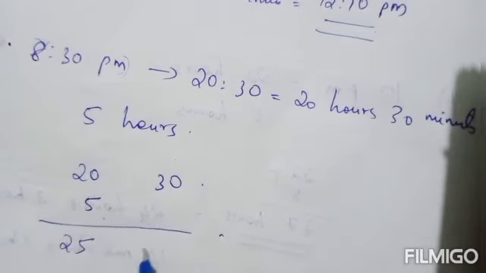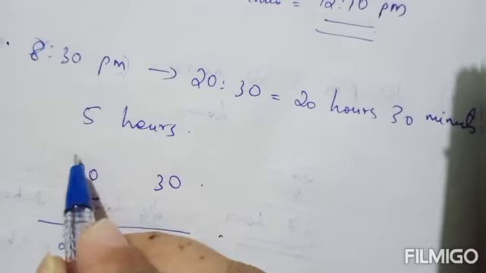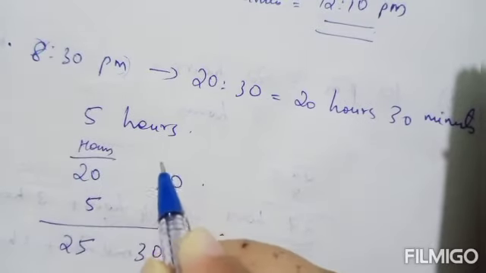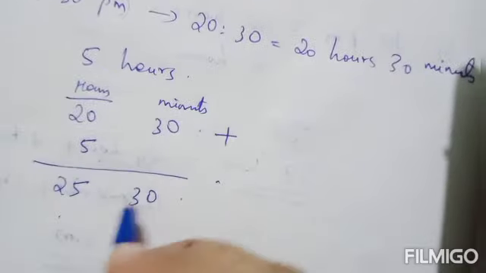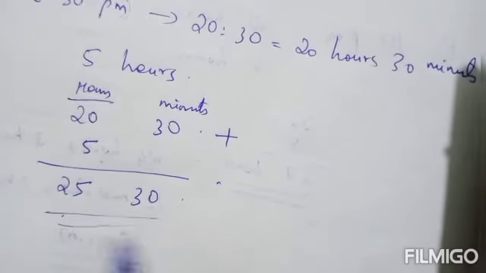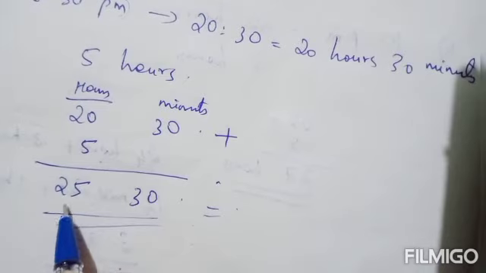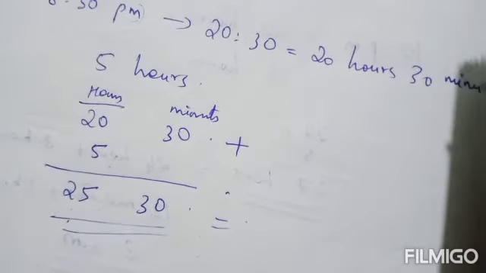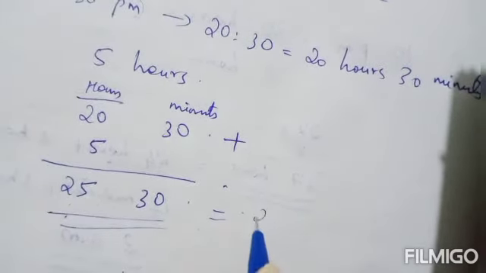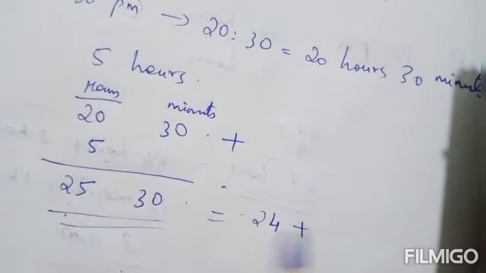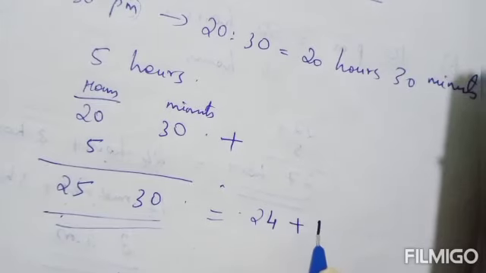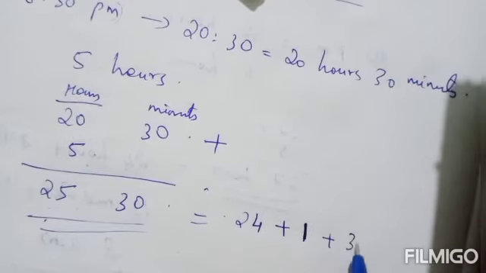It is 25:30, this is the hours column and this is the minutes column. 25 hours 30 minutes, how can you split this? This is greater than 24. One day means only 24 hours. So 25 you can split as 24 plus 1, plus 30 minutes.